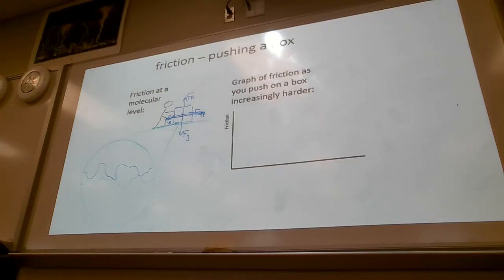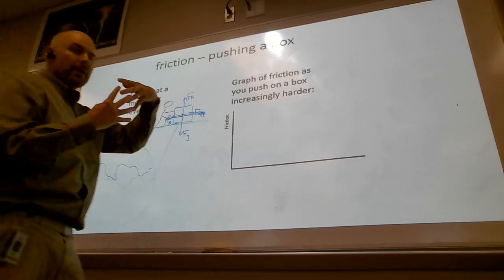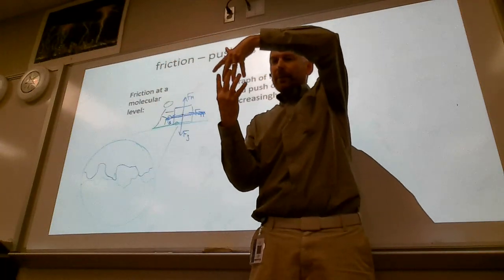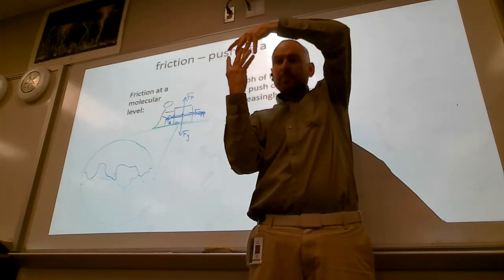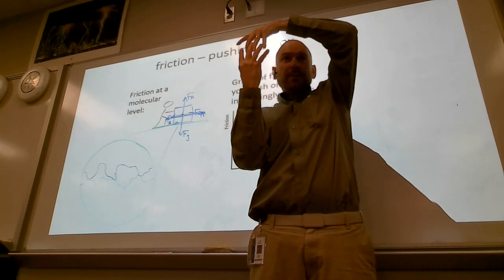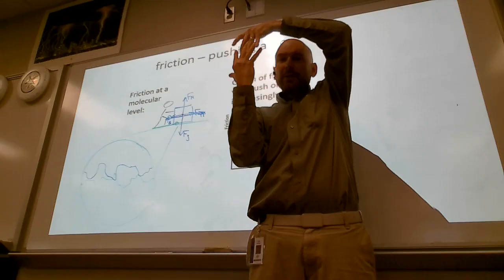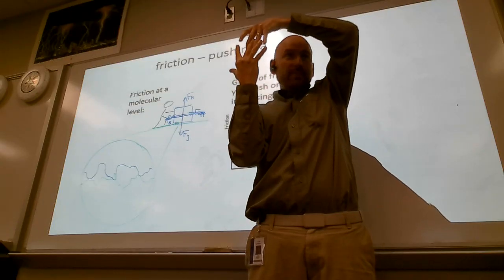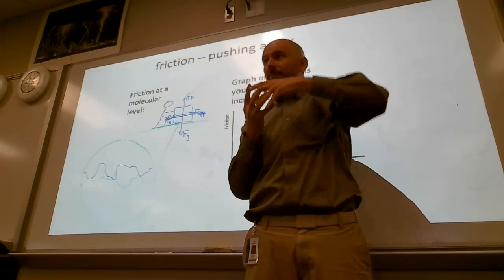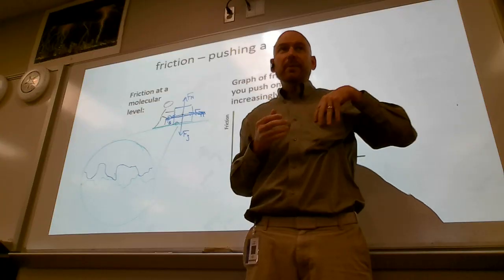You see where friction comes from. This is from the molecules of the box and the floor pushing against each other. Sitting here like this is just normal force. Then as you push, this is where friction comes from. Does that make sense? Okay.